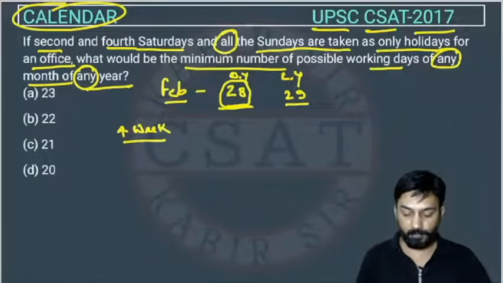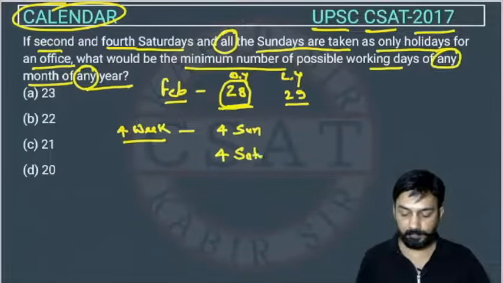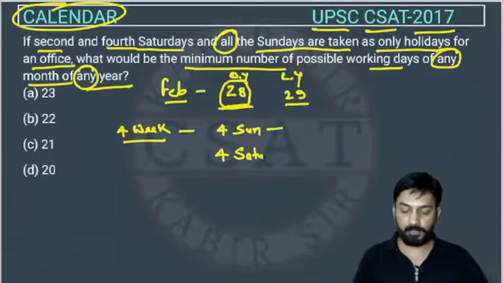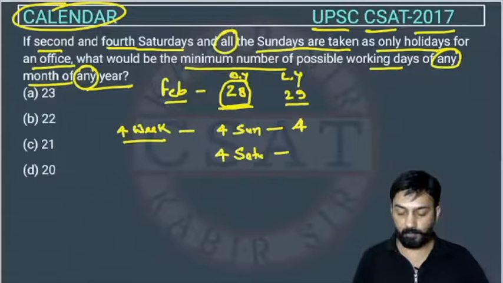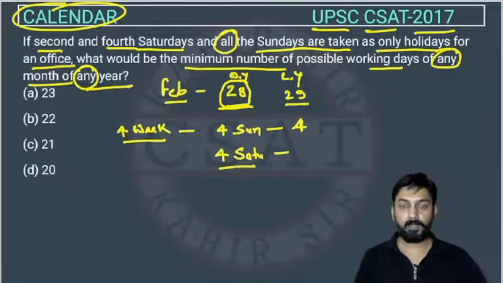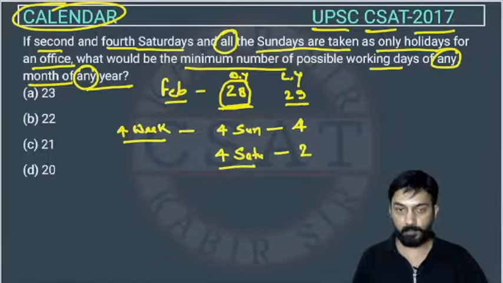And out of these 4 weeks, how many days of holidays are there? In 4 weeks there will be 4 Sundays and 4 Saturdays. All 4 Sundays they have given as leave, so there is a holiday, and out of these 4 Saturdays there are only 2 holidays, the second and fourth. So the total number of holidays is 4 plus 2, this is 6.